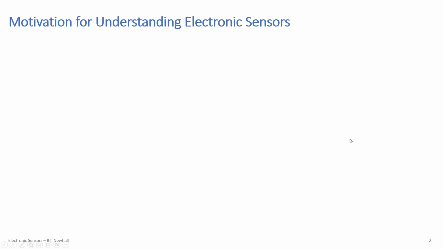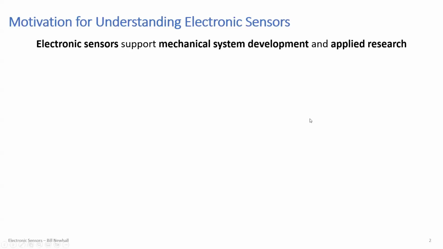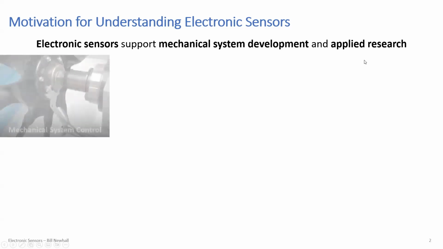So why understand electronic sensors? Why would you want to do this? Well, basically because electronic sensors support mechanical system development and applied research in mechanical engineering. So I think it's good for mechanical engineers to know what's available when you want to verify something about your mechanical product or research area.